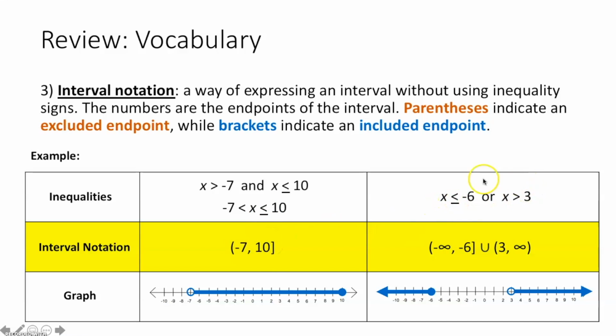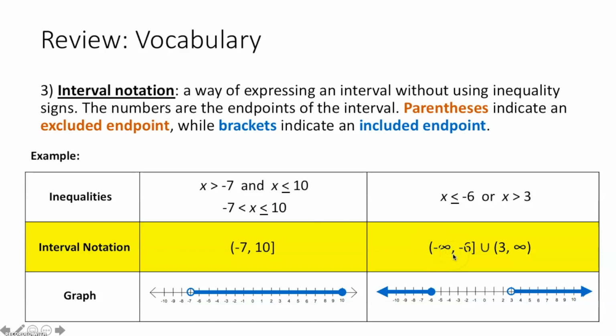Over here for our or compound inequality, we make 2 of them separately and then put a u in between them for the union of those 2 intervals. So in the first one, for all x less than or equal to -6, that means we want -6, -7, -8, -9, all the way to -infinity. So we're going to start at -infinity and we put a parenthesis because you can't include -infinity. It's not a point.